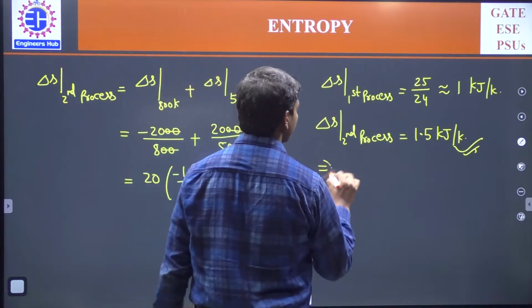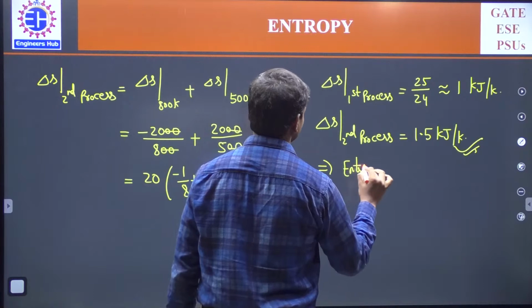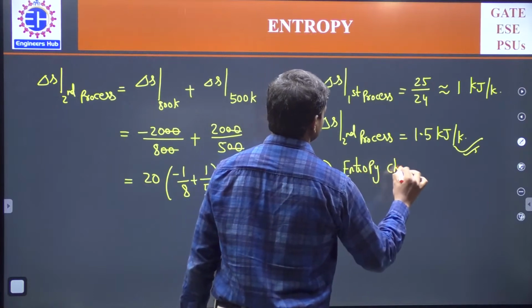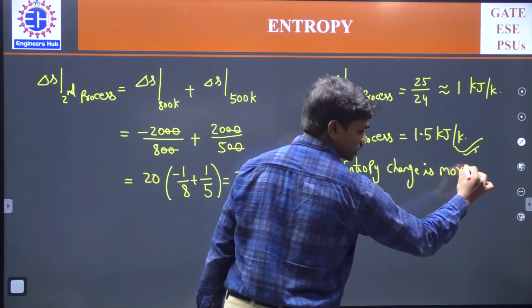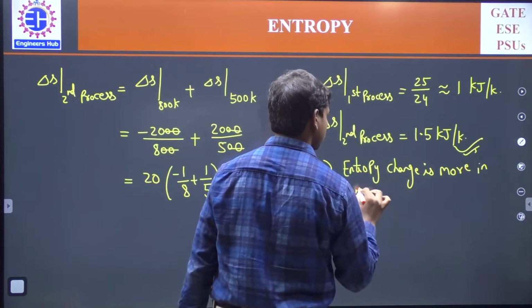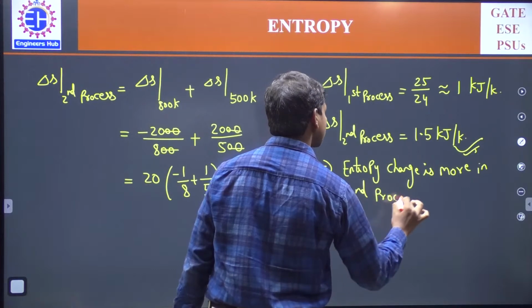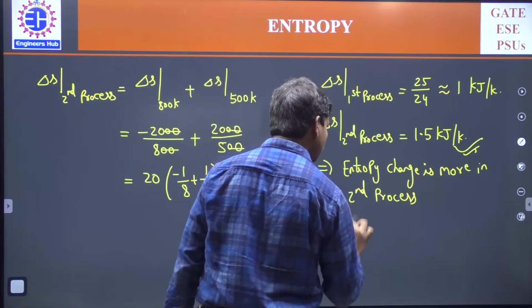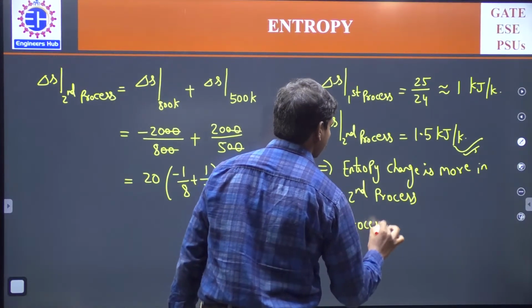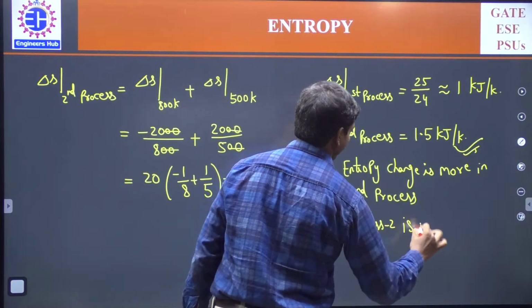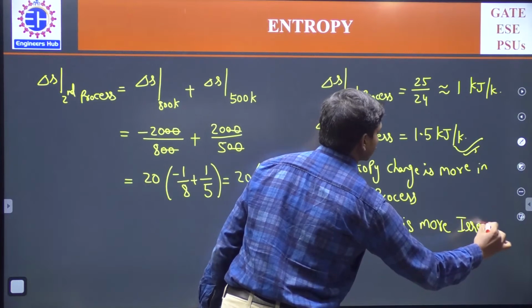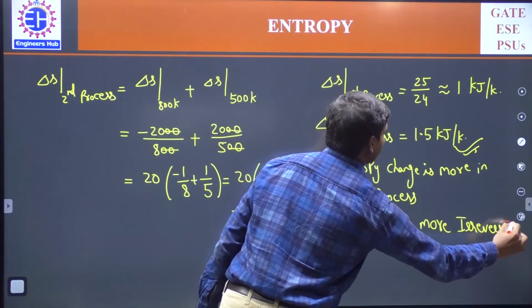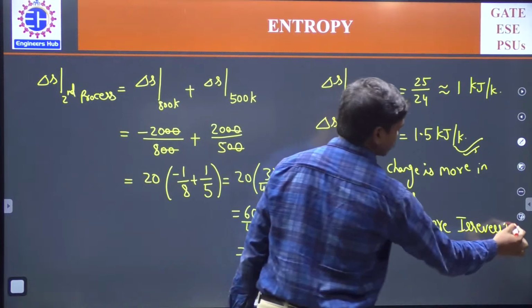So this implies entropy change is more in the second process. So this implies process 2 is more irreversible than process 1 when compared.